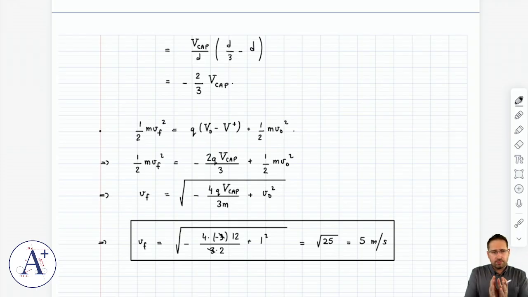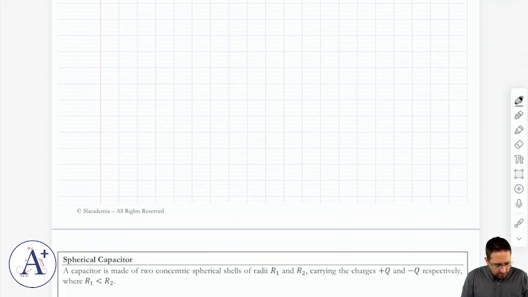Now, it turns out for a parallel plate capacitor, electric field is quite nice. It's constant. It's a uniform electric field. So it's very easy to do the calculus and to get the electric potential difference. Now, it's a little bit harder if you don't have a nice electric field that's constant and uniform, but it's still doable, and we're going to do that in this next problem here.